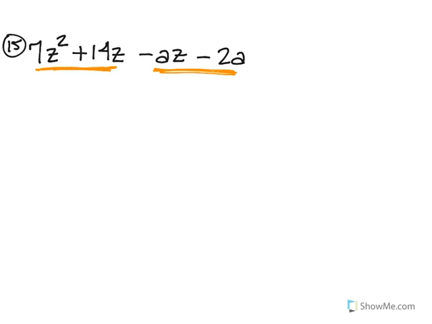What's the GCF? 7Z. Does everyone say 7Z? What's left over? Good. Z plus 2. Does everyone see that? When you divide off 7 and subtract off the Z?